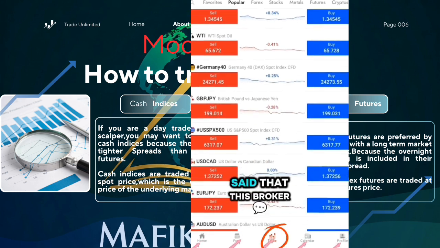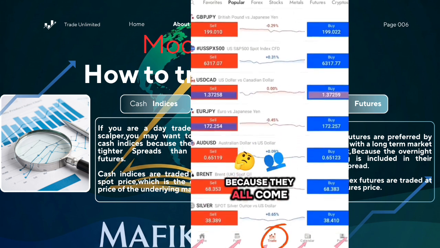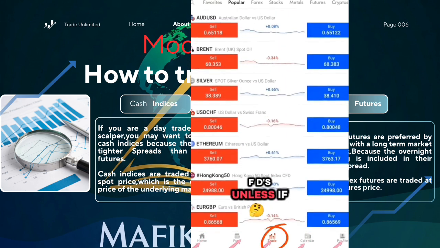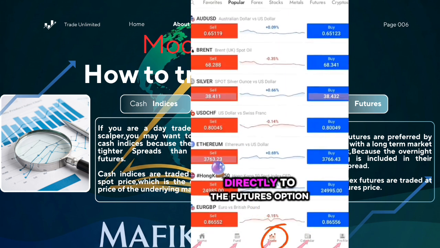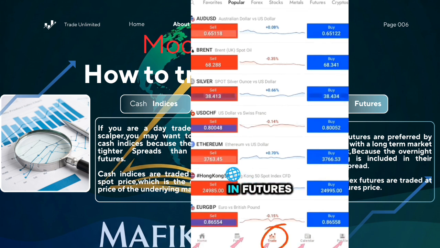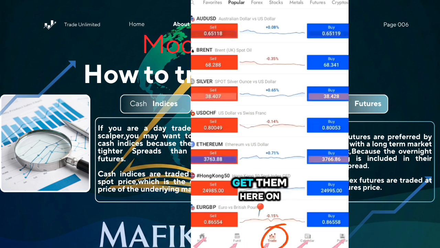So as I have said, this broker just makes it easy for you because they all come in CFDs, unless you want to go directly to the futures option right there and trade them in futures. But other than that, you're most likely going to get them here on the popular section as CFDs.